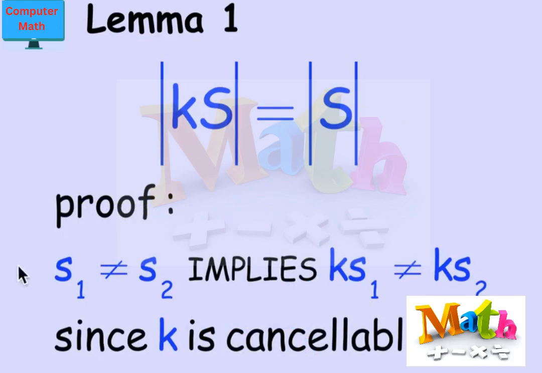Or another way to say it is that if you had different elements in S, S1 not equal to S2, when you multiply them by k, you have to get different elements of kS because k is cancelable. Okay, so that's an easy remark, holds in general. Multiply any subset by a cancelable element and you get a new set that's the same size.